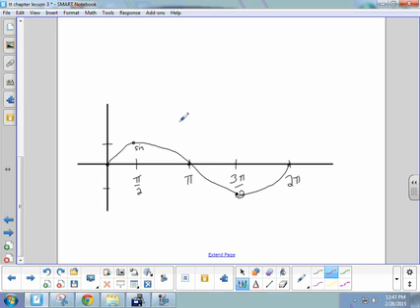If I were going to do the cosecant of that, I'm going to have an asymptote right there. An asymptote right here. And an asymptote right here. And I can tell pretty easily that's where my asymptotes are because that's where my value is 0.